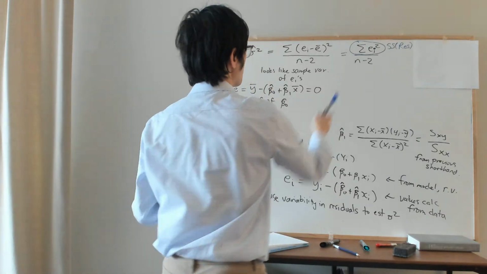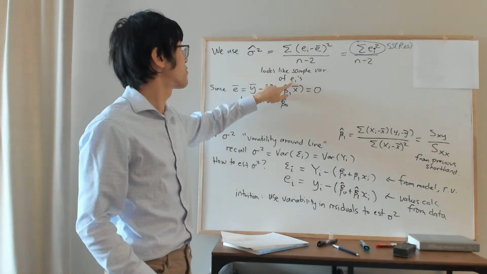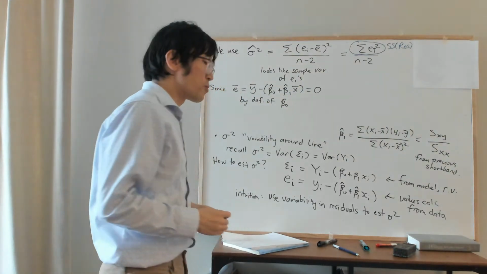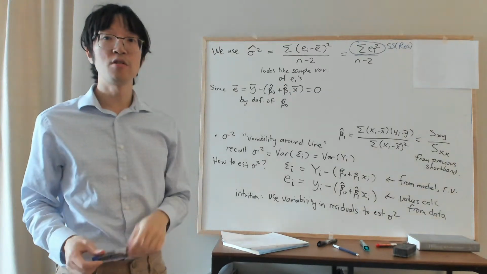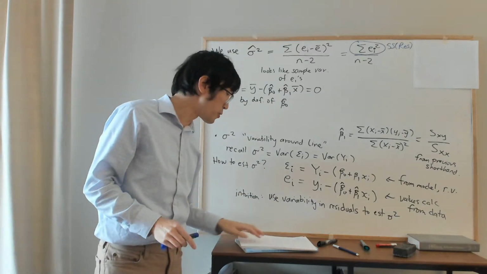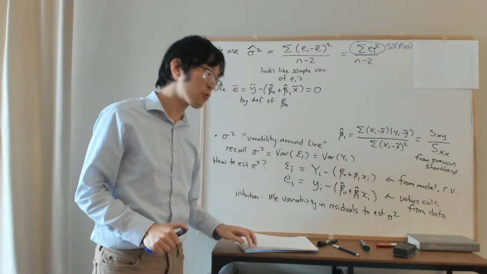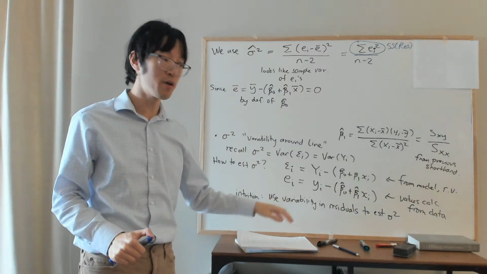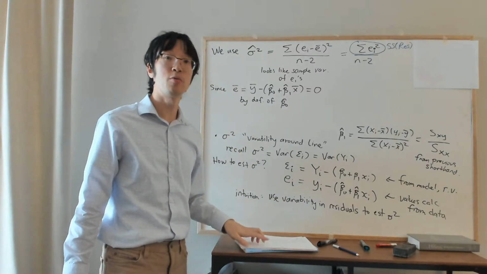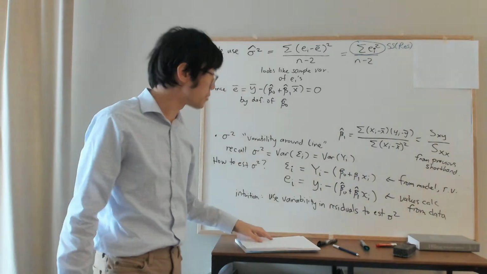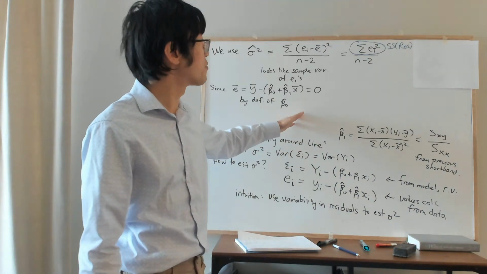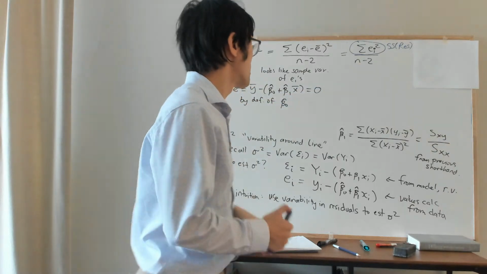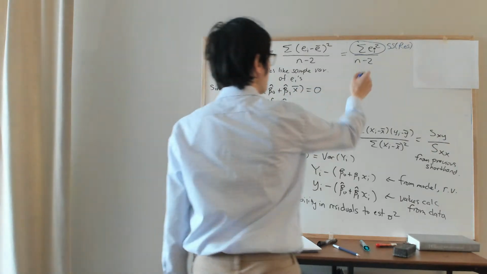As I said, this looks like the sample variance of the e_i's, except I'm dividing by n minus 2. This is related to the concept of degrees of freedom. We will look at that in more detail, and it will become clearer when we look at the linear algebra behind multiple regression. For now, let's suffice to say how we got the n minus 2.